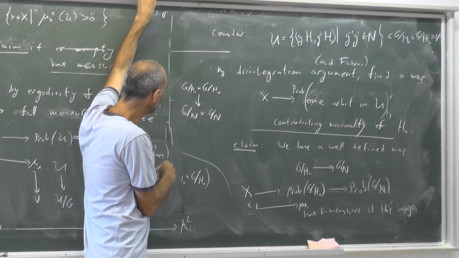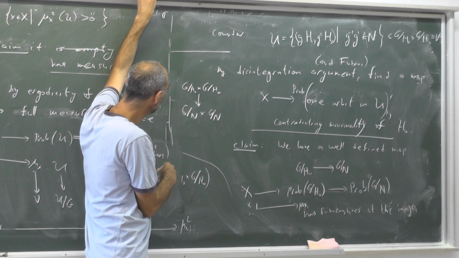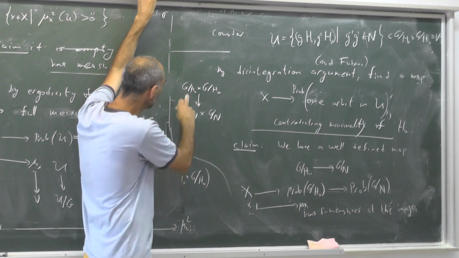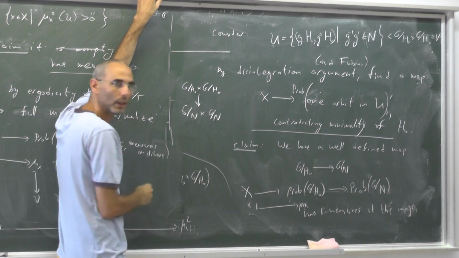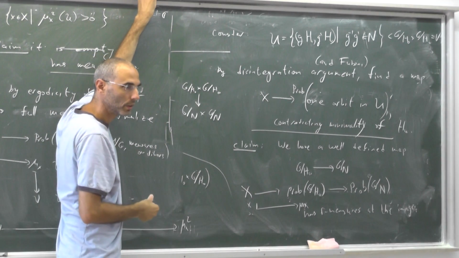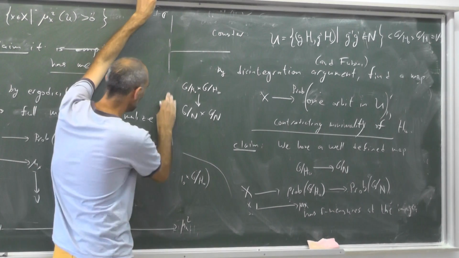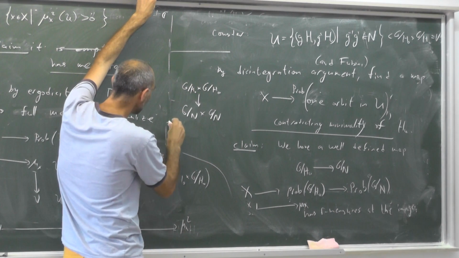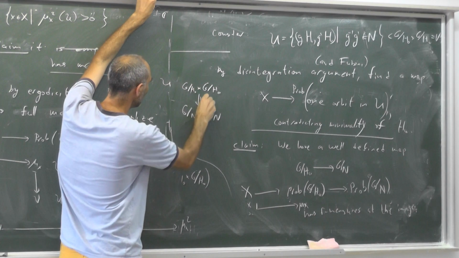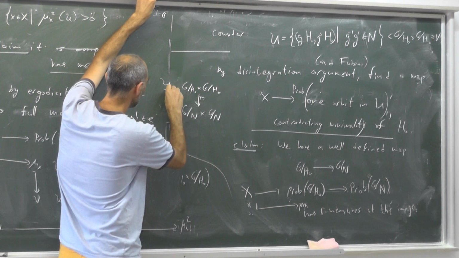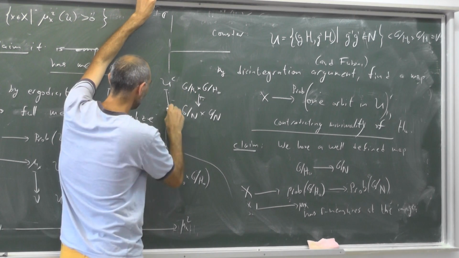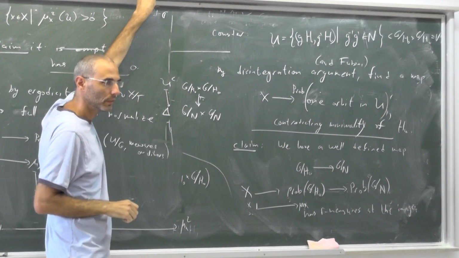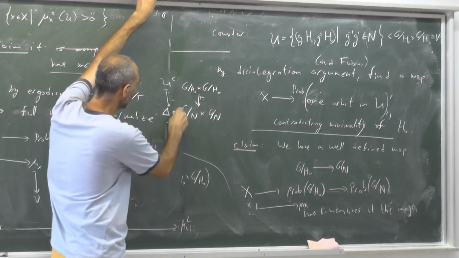And I want to claim that the complement of U actually is mapped to the diagonal here. Yes, I guess this is a better way to express this. U complement is parametric. I mean, this is by definition.